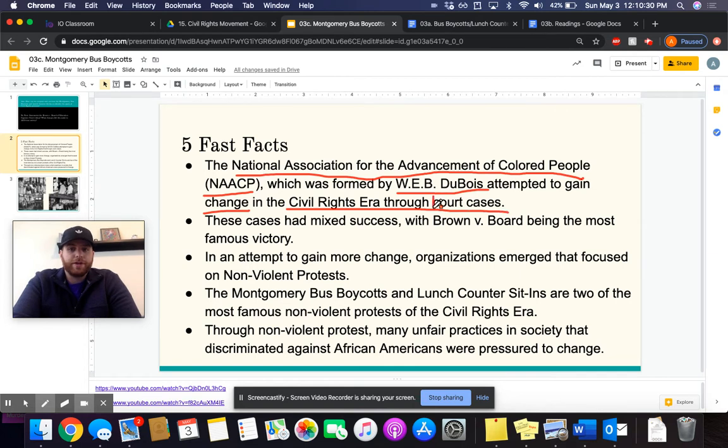One of the major things that the NAACP tries to do is challenge unfair laws in American society, laws that are focusing on segregation. They use the courts as a way to try to change those laws. Early on, the NAACP has some mixed success.